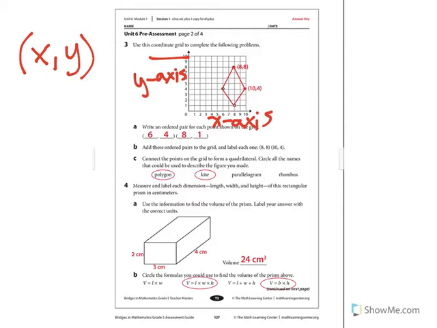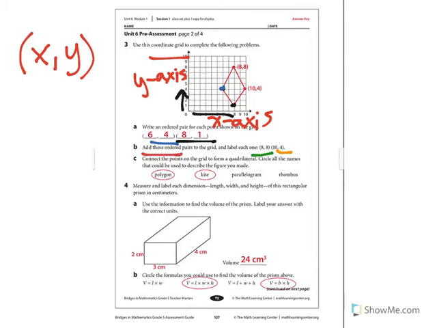Now, the points shown on the grid were here and here. So, they looked over on the x-axis first, and then up on the y-axis second. So, first we see 8, 1, and then we see here 6, 4. Add the ordered pairs to the grid and label each one. 8, 8, and 10, 4. You see that they didn't skip any part of their directions.